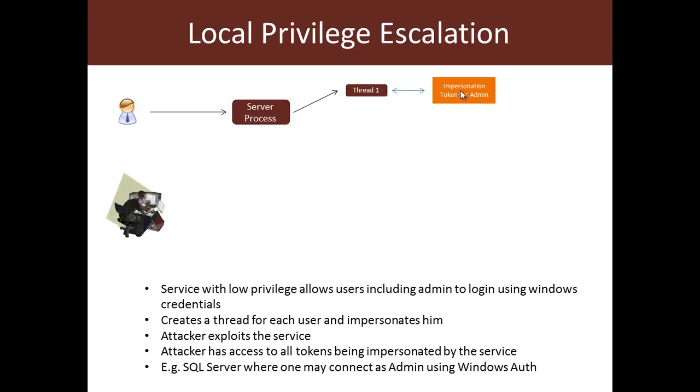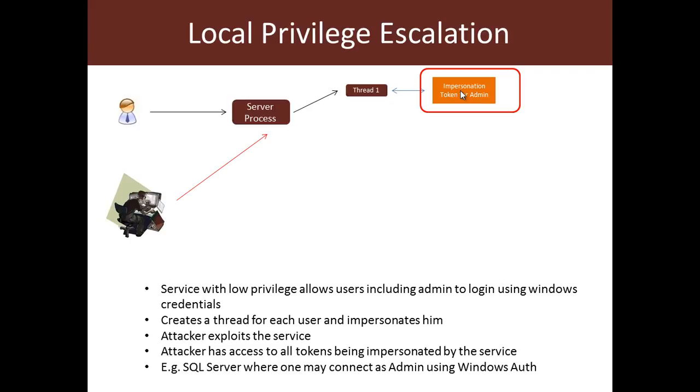What if an attacker breaks into the server process by using an exploit or some other means? Because if he successfully does so, then he will have access to the process's memory space, using which he can actually get the impersonation token for the administrator. Once he does that, he can go ahead and run commands impersonating the admin, right?